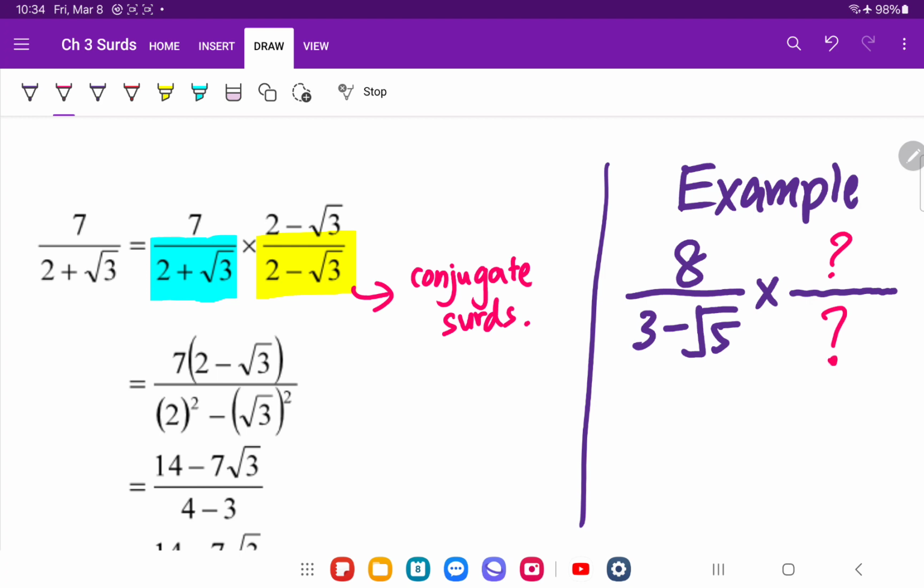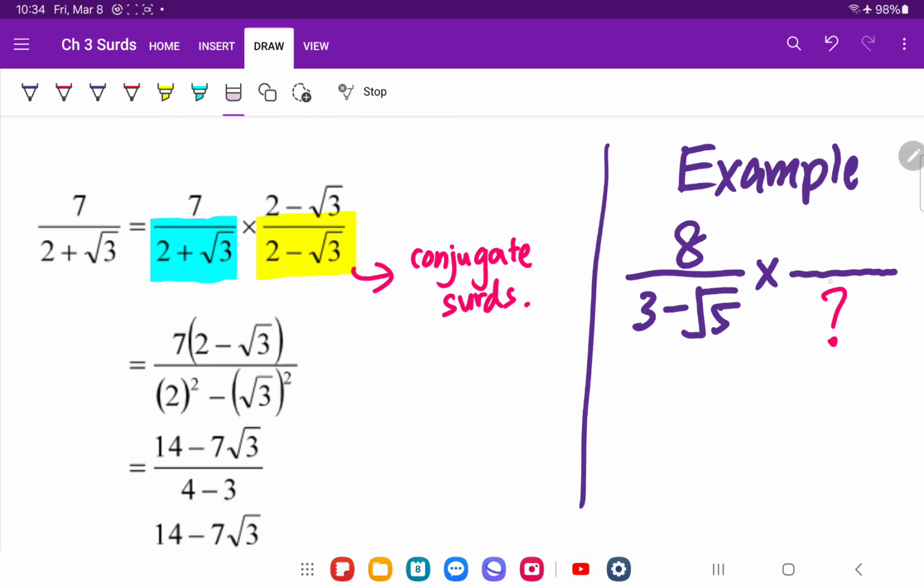Which conjugate surd will you choose, Joel? Excellent. See, even though Joel was absent last lesson, she also knows that the conjugate surd has to be 3 plus square root 5. That's it. Choose the conjugate surd every single time.